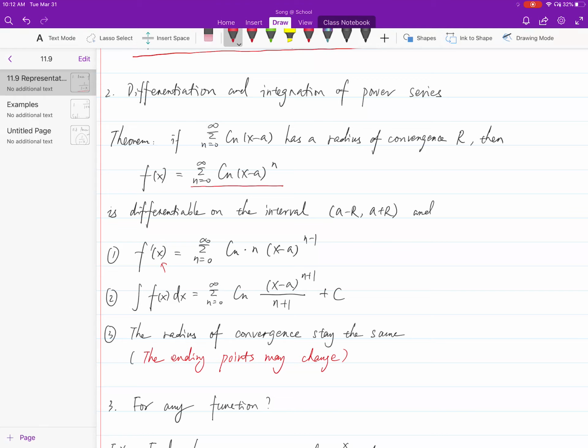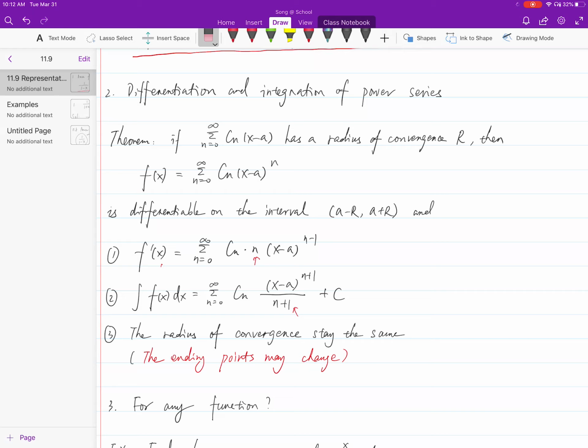From here you can see Cn is a constant, so it doesn't change. Okay, what you did is basically take this part, take the derivative, that means put the n power down to be an n, and reduce the power by 1, which gives you n minus 1. Similarly, when you take the antiderivative, you actually raise this power by n plus 1, but then you put a number here to cancel what you have there. So that's exactly how we take the derivatives and antiderivatives of a power series.